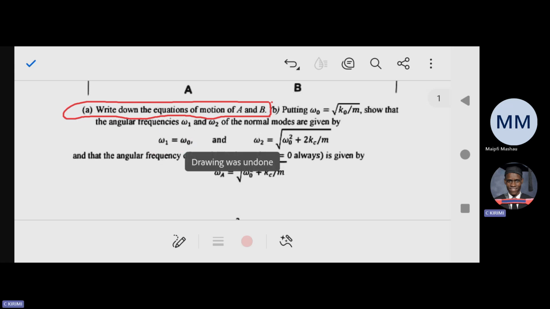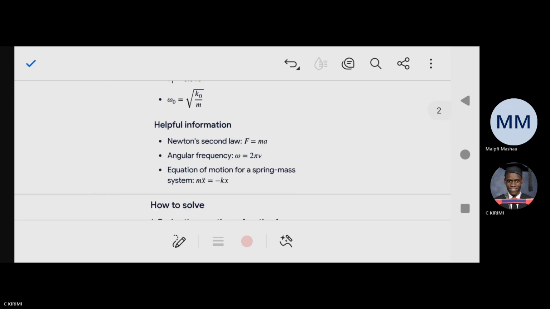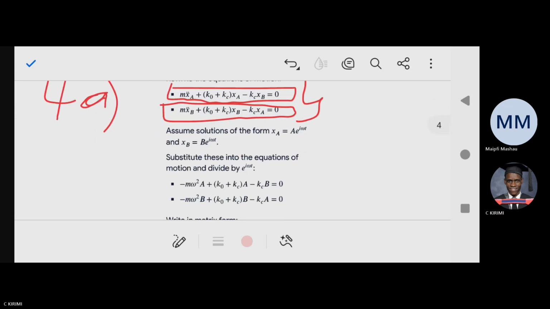So let's see from where we left off how we are going to proceed. For A is done. So for part B, we have those two equations of motion. Then we said we assume that XA is a solution, and XB is also a solution.